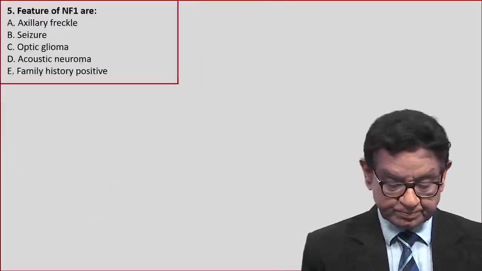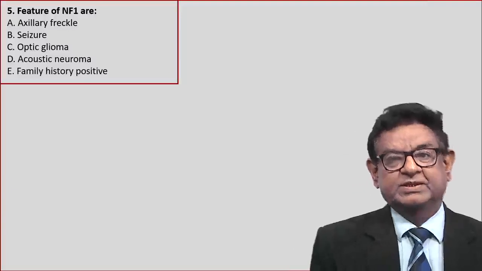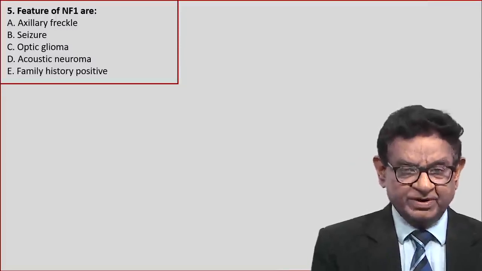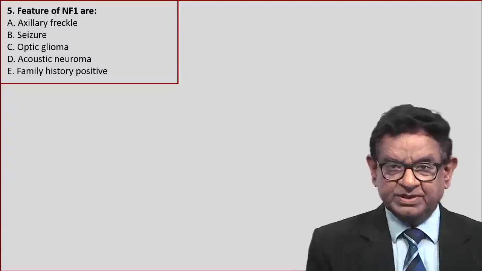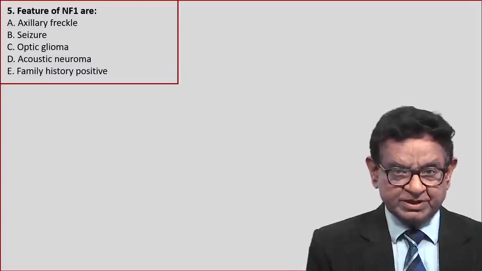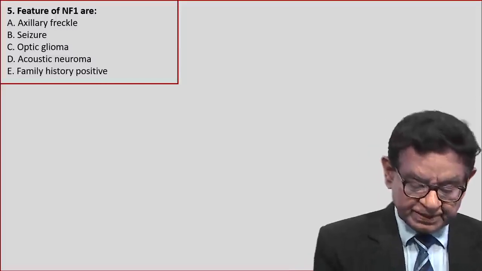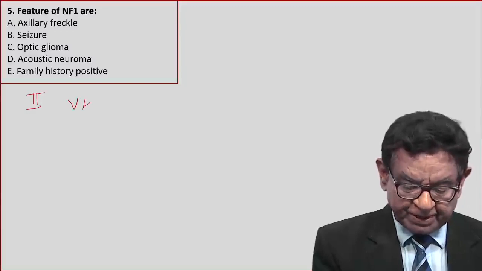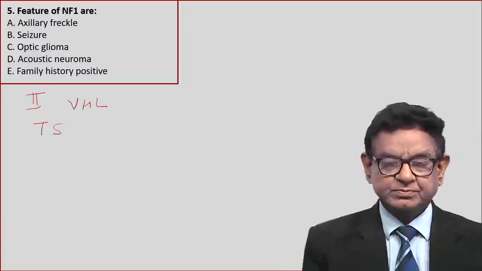Question number 5. NF1. The answer options are in front of you. So let's learn about NF1. It belongs to the category of diseases called neurocutaneous syndromes, which include NF1, NF2, von Hippel-Lindau syndrome, and tuberous sclerosis. Okay.